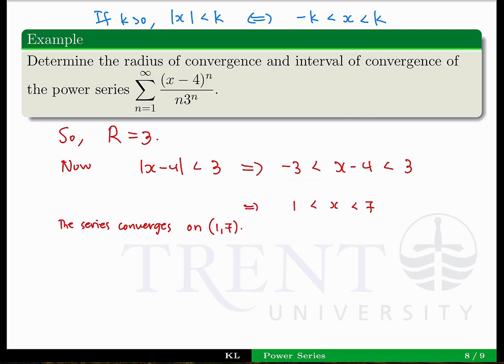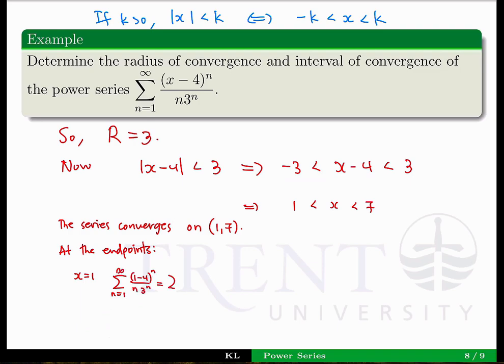At the endpoints, x equals 1, we have the series n from 1 up to plus infinity of (1 minus 4) to the n over n 3 to the n.